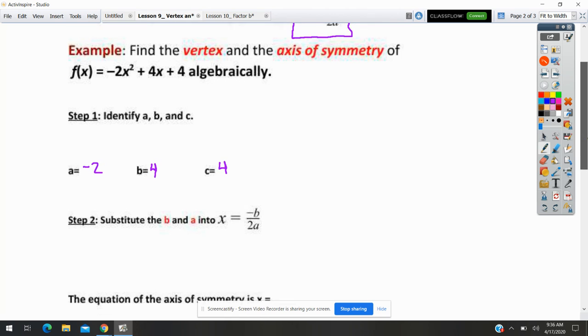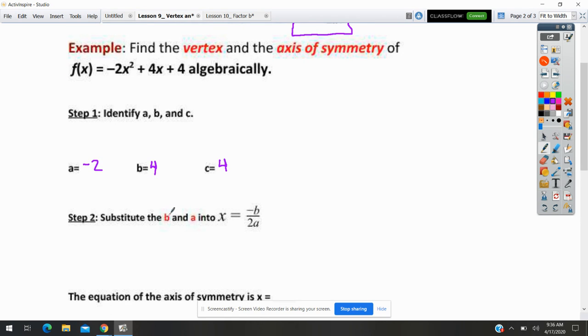Okay. Next step, you want to substitute your b and a into x equals -b over 2a. So we have x equals negative our b value, which is 4, over 2 times your a value, which is -2.